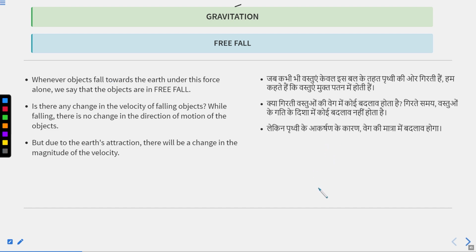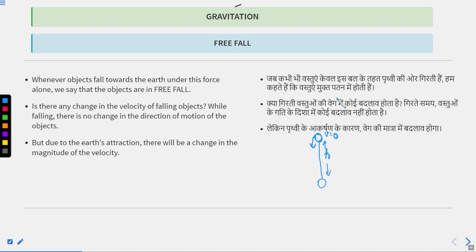In this case you have thrown the ball upward, so you have provided a force through your hand. That ball reaches a certain height, and its maximum height will be that point where final velocity will become zero. Then that object starts falling towards the earth under the influence of only one force, which is gravitational force.